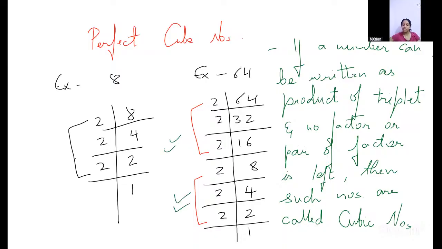It has to have triplets without any other factor or any two factors left behind. It should make complete triplets. It can have two triplets, it can have three sets of triplets, but no factor or no two numbers should be left behind for it to be a perfect cube number. Okay, ma'am. Thank you.